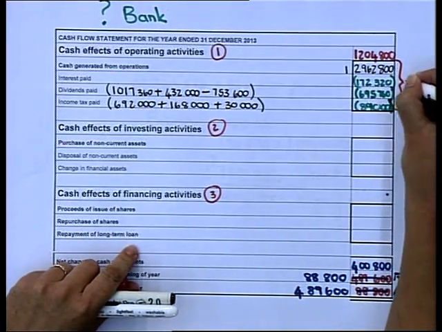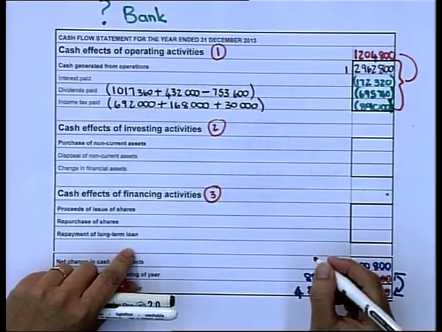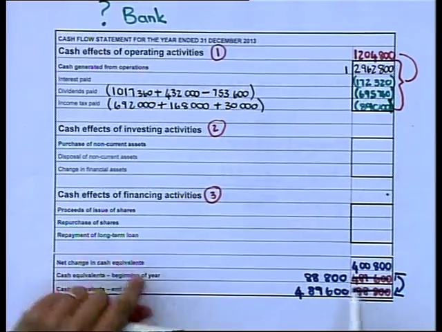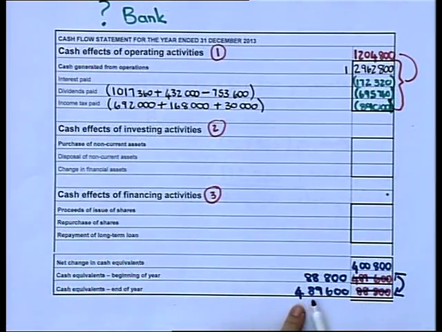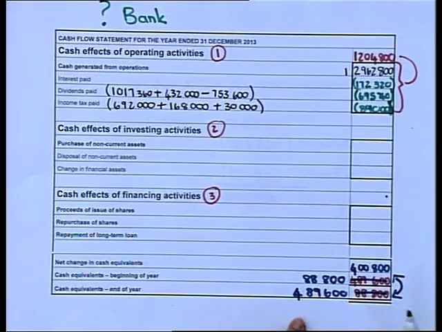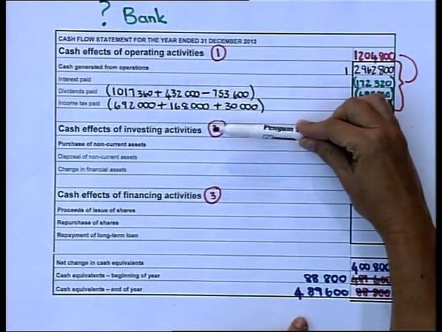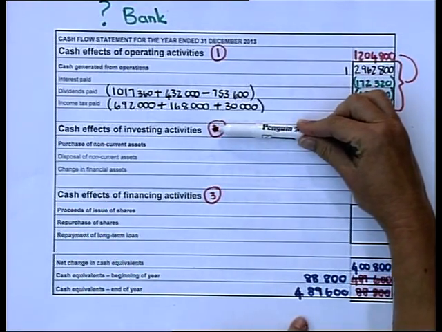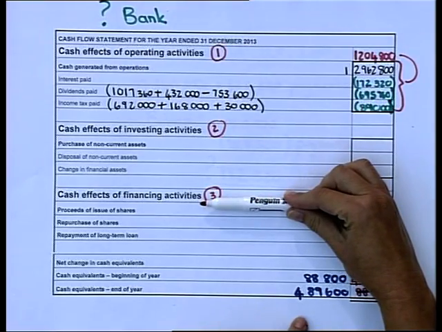This adds to the top. But we still don't understand why we, at the end of the year, only have 489,600 in the bank. Well, it must be because we probably had investing activities or financing activities.